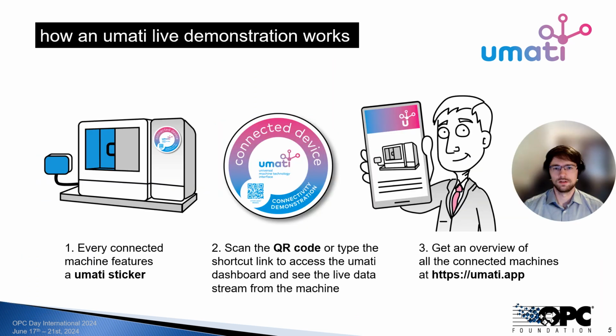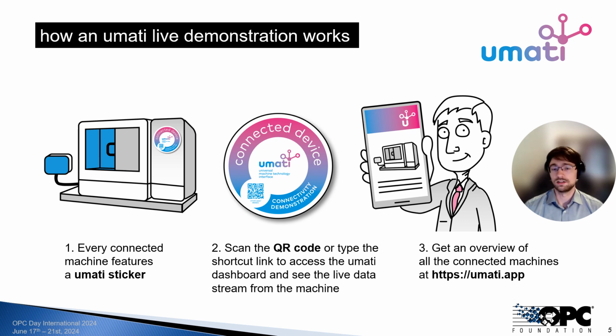Such a functionality showcase is usually combined with a fair participation of the machine builders, meaning that they select one big fair for their specific domain and ship all their OPC UA companion specification enabled machines to that fair. They put a umati sticker on the machine, and the reason for the sticker is mainly the QR code, which leads you to the website umati.app.